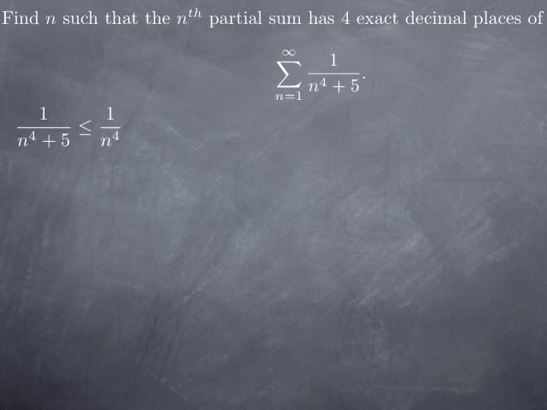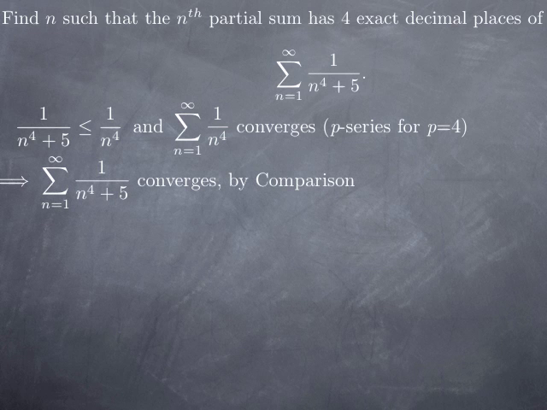The general term 1 over n to the 4th plus 5 is bounded above by 1 over n to the 4th, because n to the 4th plus 5 is greater than n to the 4th, so when we divide we get something smaller than dividing by n to the 4th. And the series of 1 over n to the 4th is convergent because it's a p-series for p greater than 1. So by comparison, the series of general term 1 over n to the 4th plus 5 is also convergent.